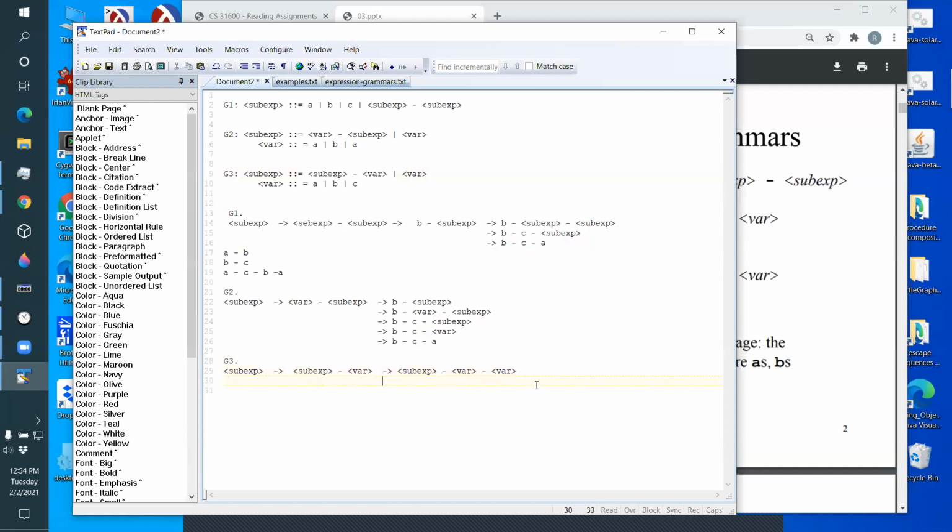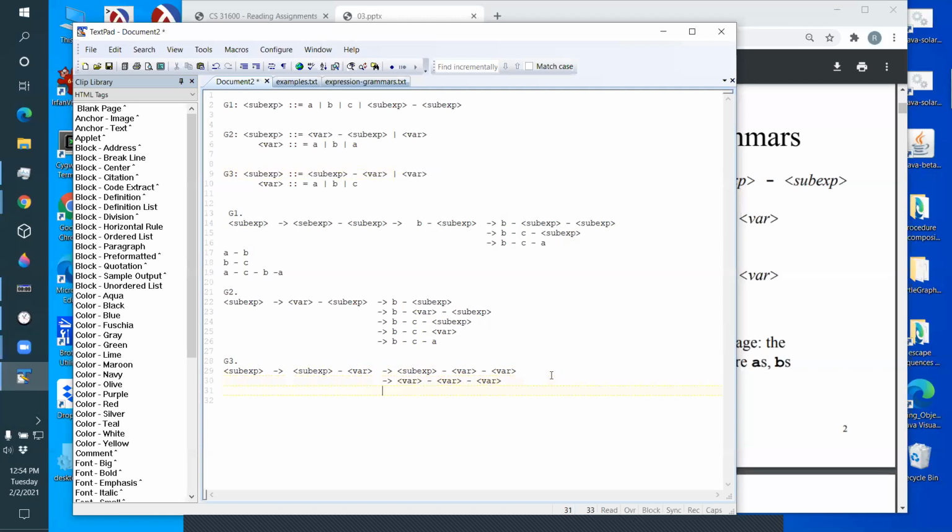Now, what can I expand? No, I'm doing left derivation, so I'm always expanding the thing on the left. So now what can this thing expand to? Well, I'm going to switch to var this time. So this is going to give me var, and then I'm left with minus var, and minus var.